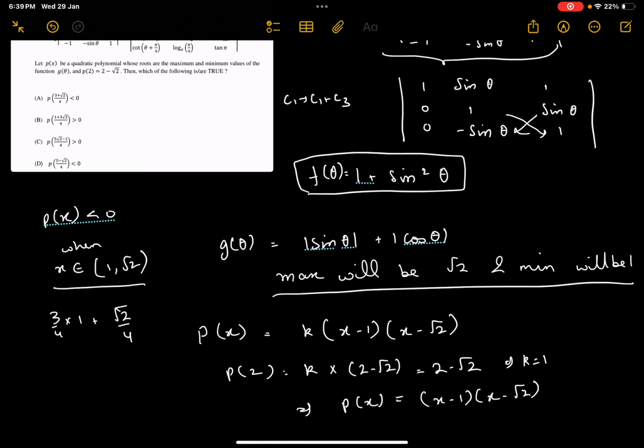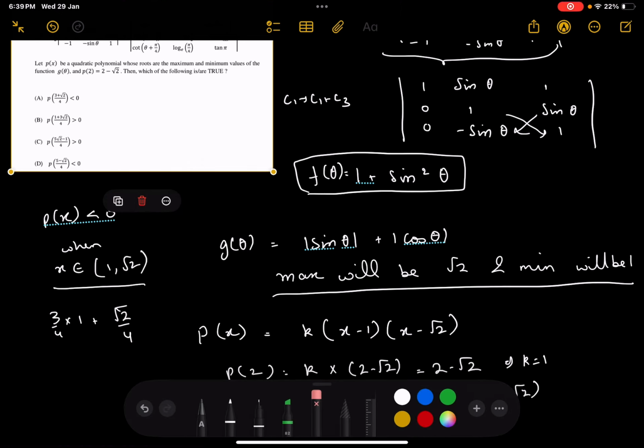So this point in option A is in this interval, so it would be less than 0. So A is correct.